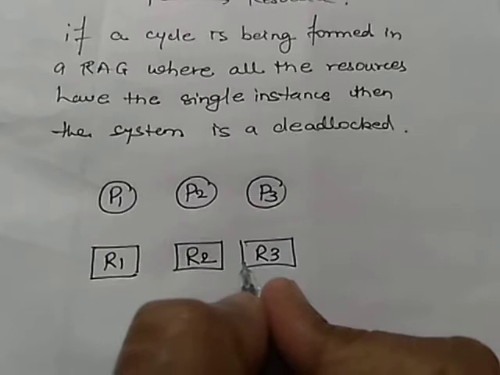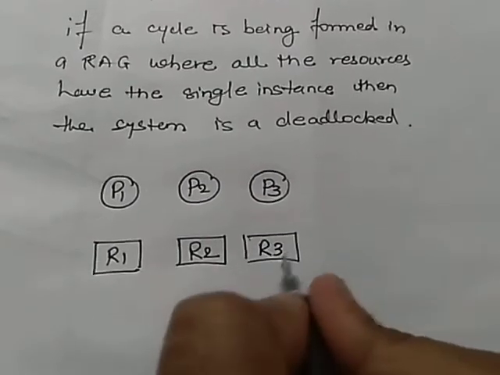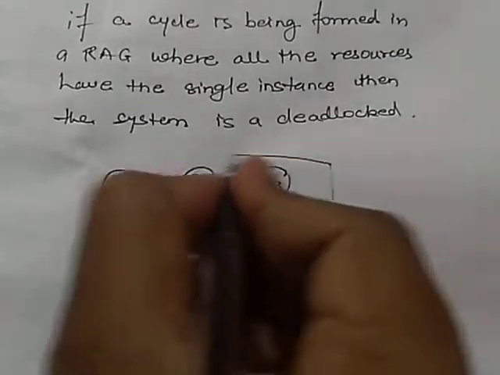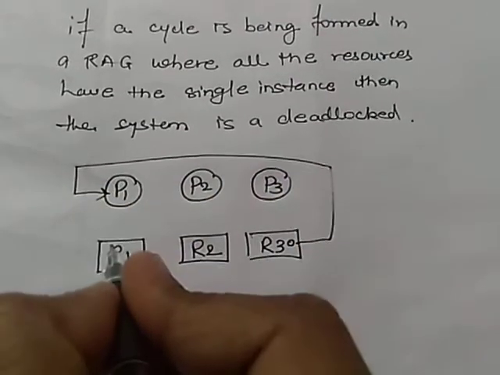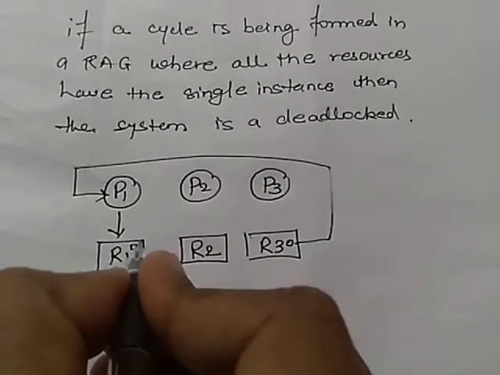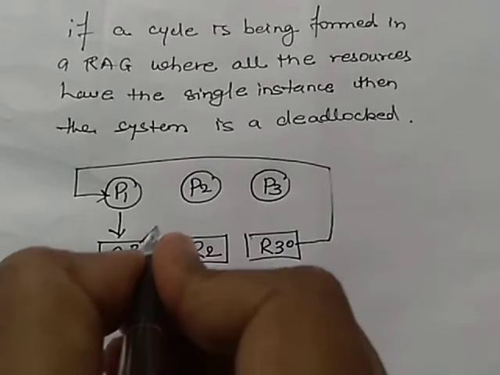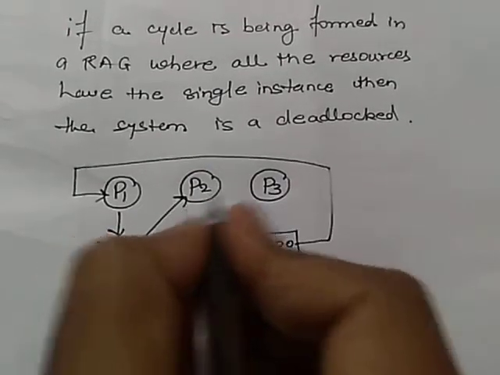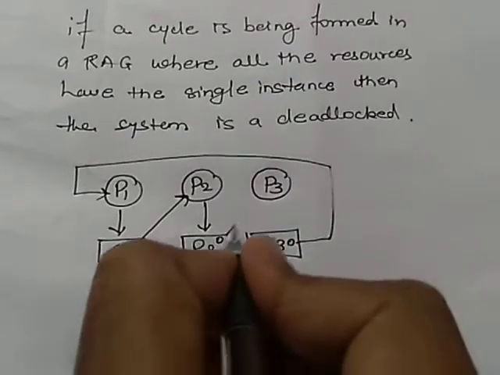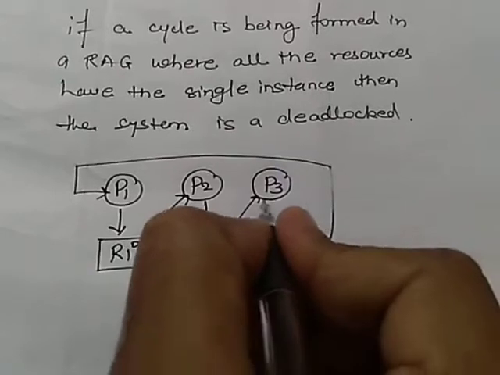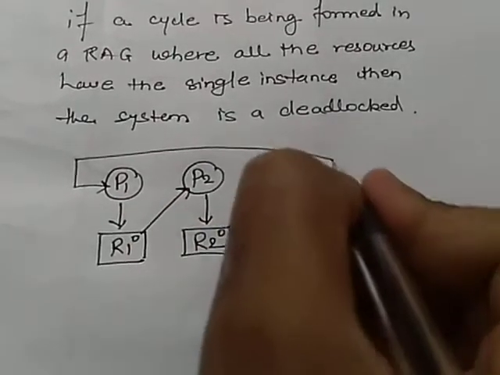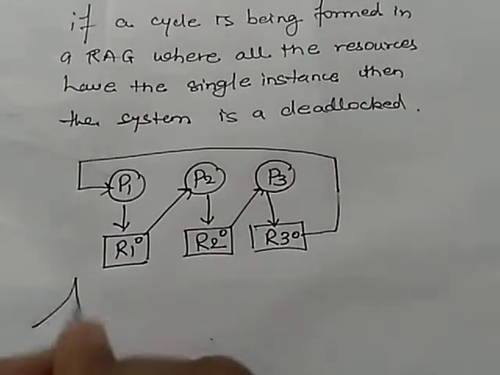Now in this, R3 is acquired by process P1. P1 is waiting for resource R1 that is acquired by P2. P2 is waiting for resource R2 that is acquired by P3, and P3 is waiting for resource R3 that is acquired by P1. So here a cycle is formed.